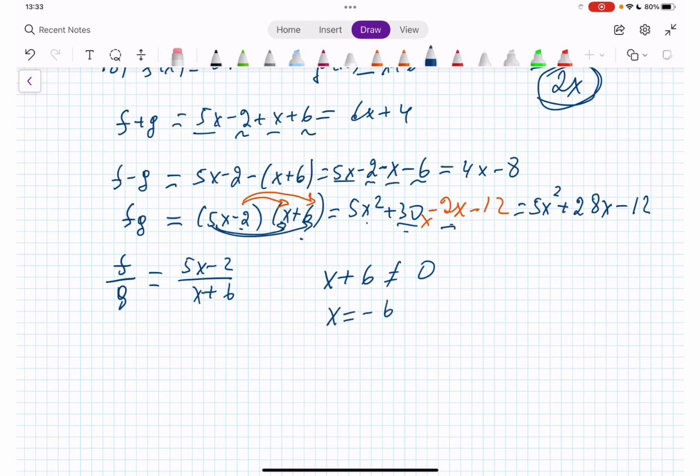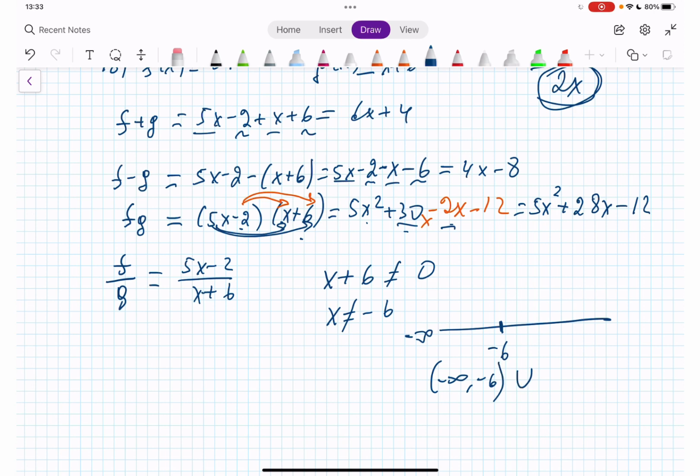Actually, I should say x cannot be equal to negative 6. Okay? So what do we have? x cannot be negative 6, which means it's breaking down into two pieces: from negative infinity to negative 6, right?